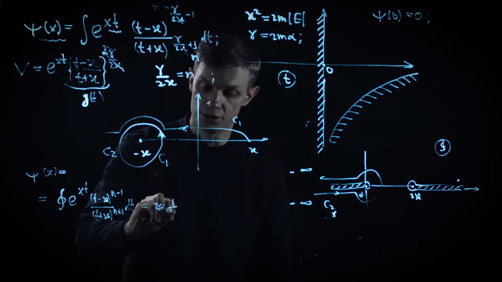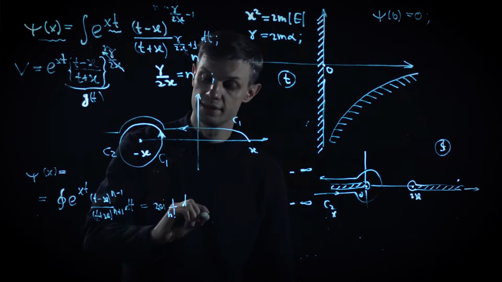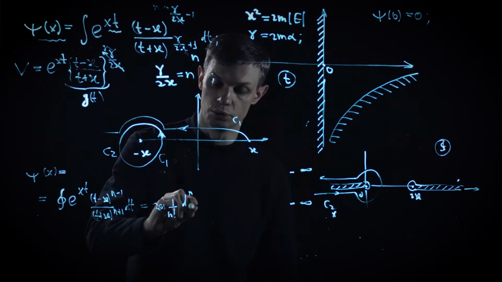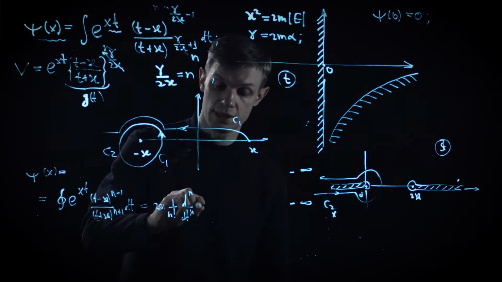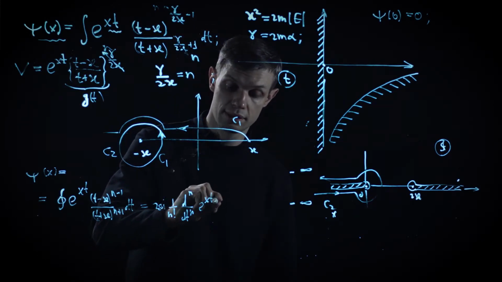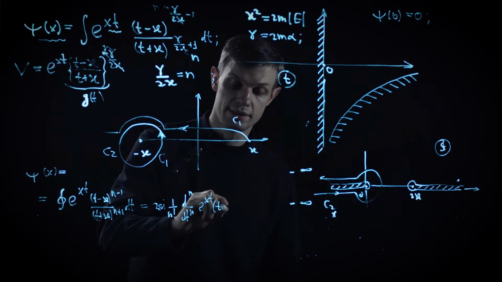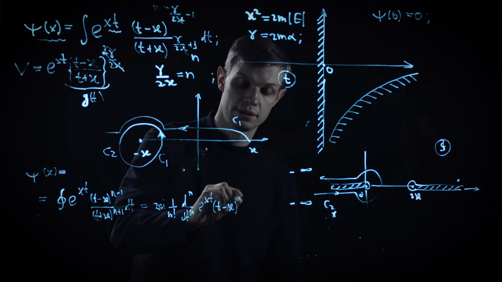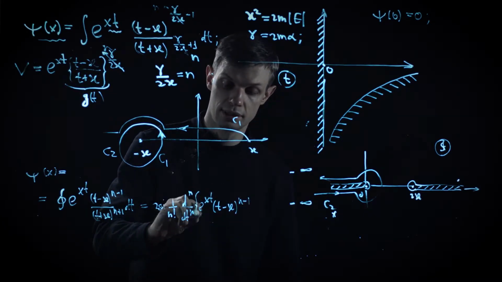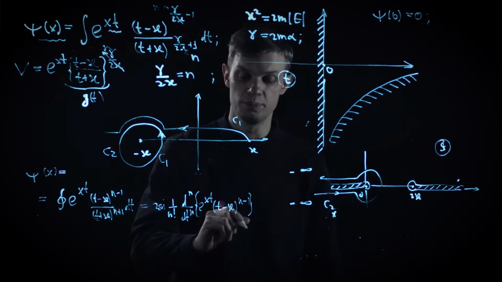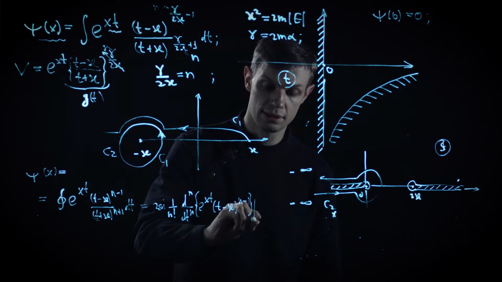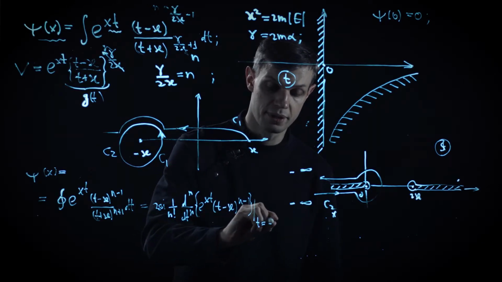So it's 1 over n factorial, d^n over dt^n of e to xt times (t minus kappa) to the n minus 1. And the derivative is taken at point t equals minus kappa.